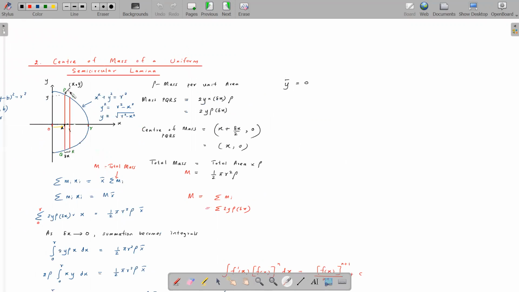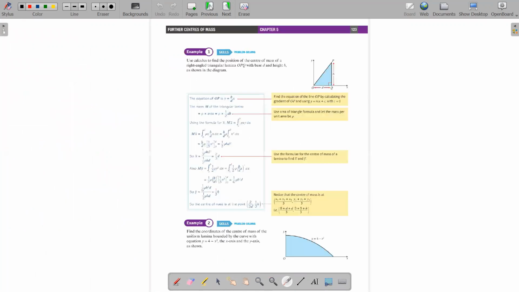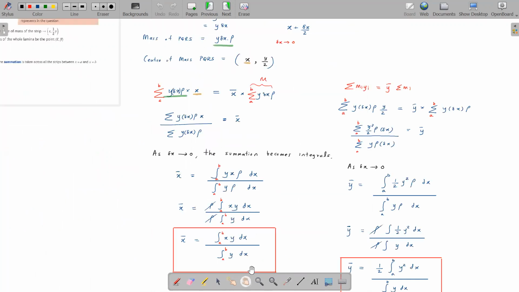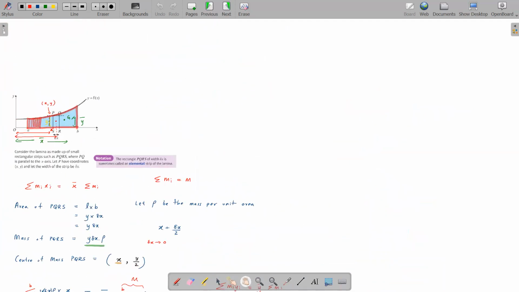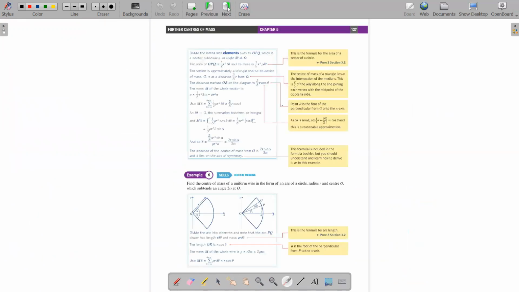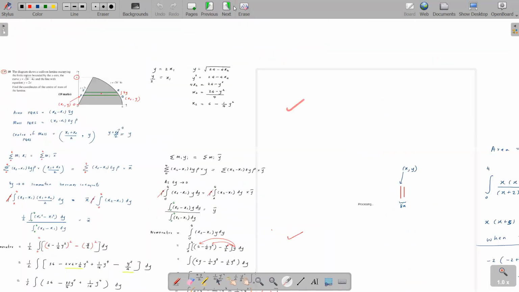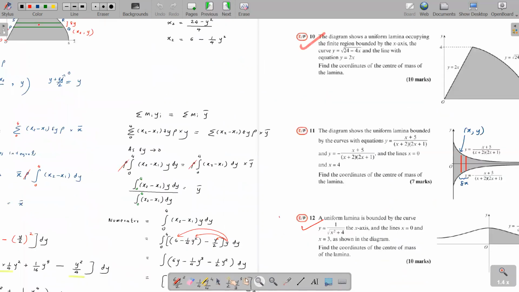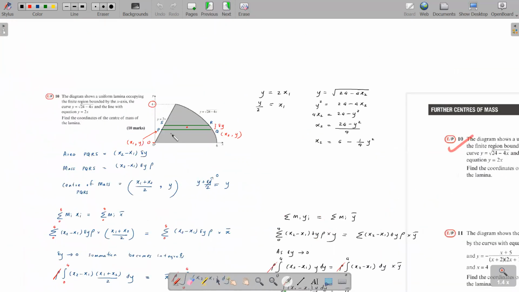I told you that we take many strips, and in one question we even took the strips horizontally. So these strips must always be taken in accordance with the question.